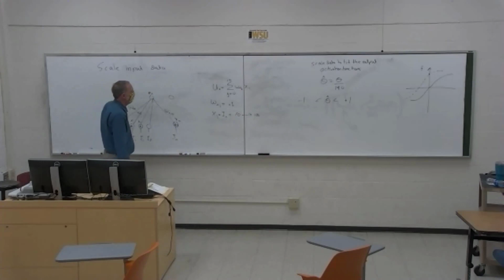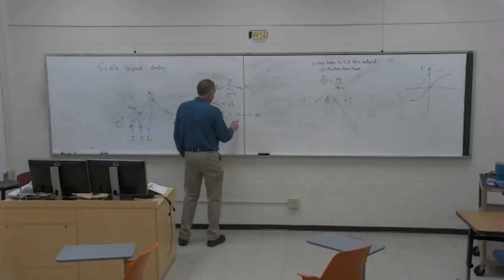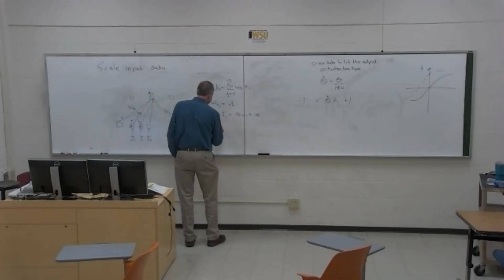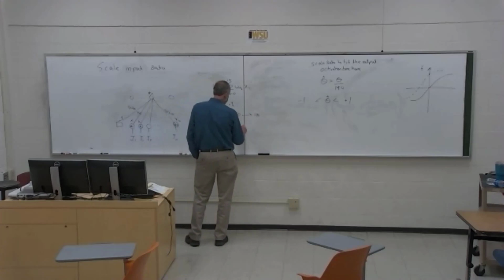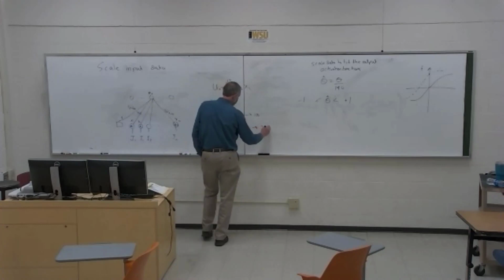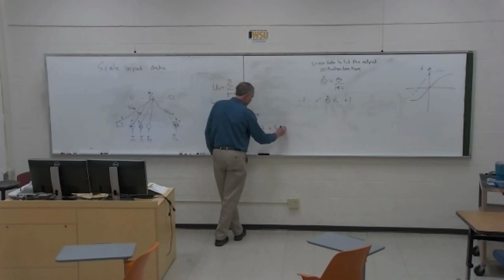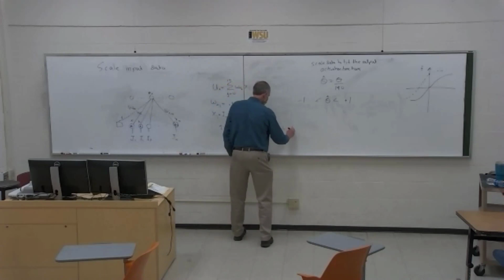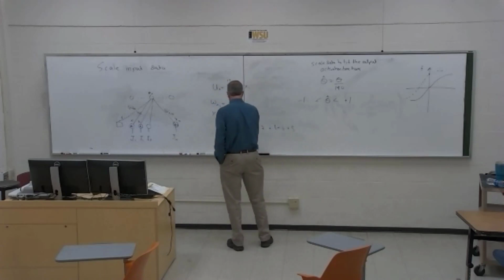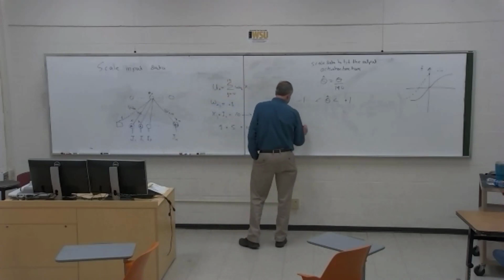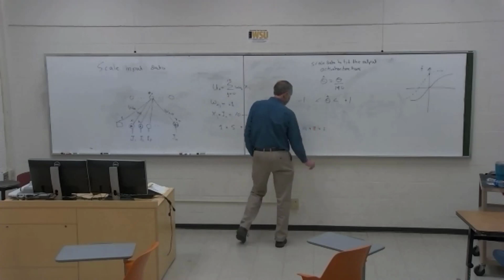So if we start adding up this net input, we're going to get a number like 10 times 0.1, so we're going to get like 1. Maybe there's a 50 times 0.1, so we're going to get a 5. And then 100 times 0.1 is going to be 10. And you keep getting these numbers, so I'll just pick some numbers in that range. I have 1, 2, 3, 4, 5, 6, 7, 8, 9, 10.